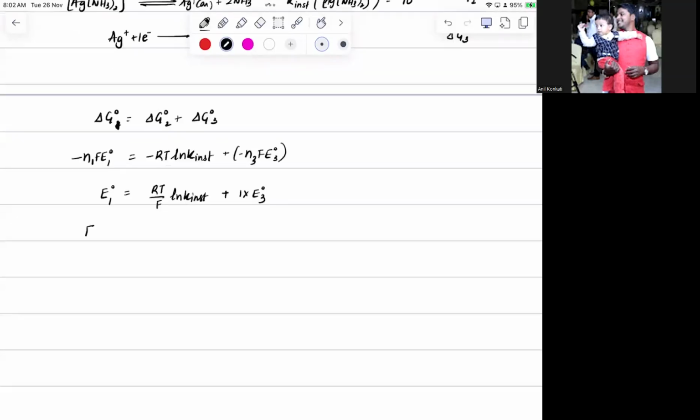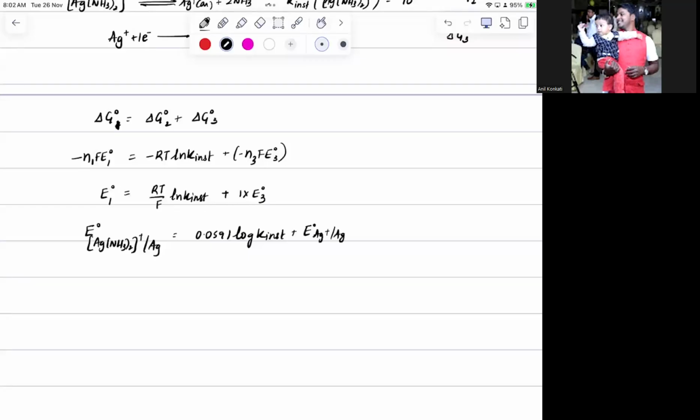So what is E naught 1? E naught 1 is silver NH3 twice plus reducing to silver, which is equal to RT by NF, that is 0.0591 by 1, log of K instability constant plus E naught 3. E naught 3 is Ag plus to Ag.